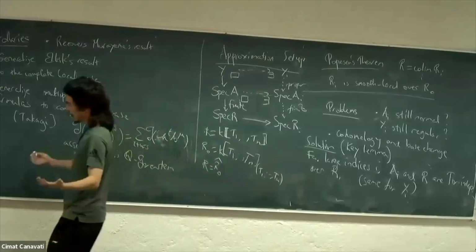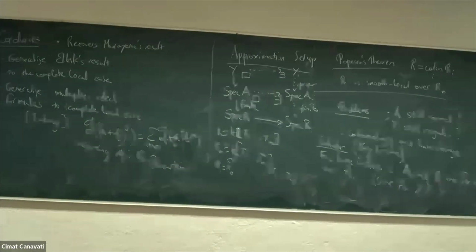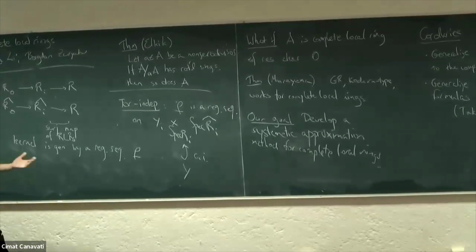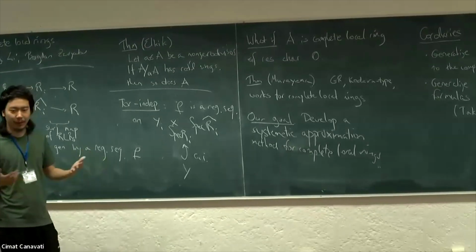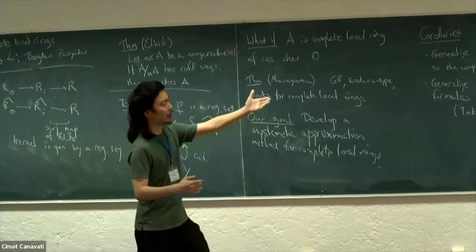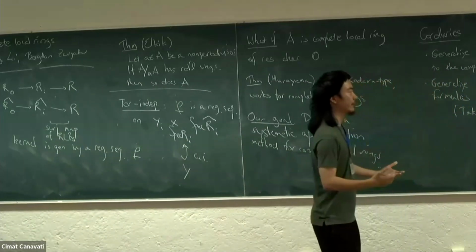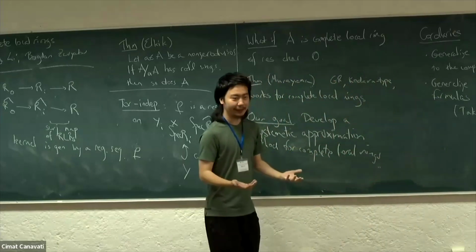For non-proper, you need more arguments. And by the same reason, it also preserves properties such as reduced or S_k or Gorenstein or Cohen-Macaulay. And because it preserves regularity, because it preserves cohomology and base change, it also preserves rational and Du Bois singularities.